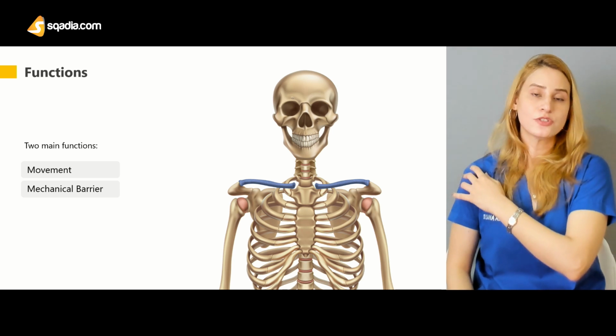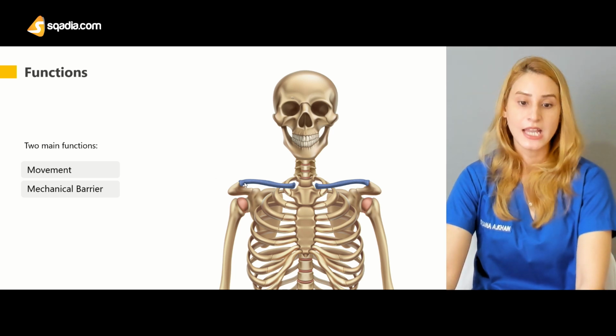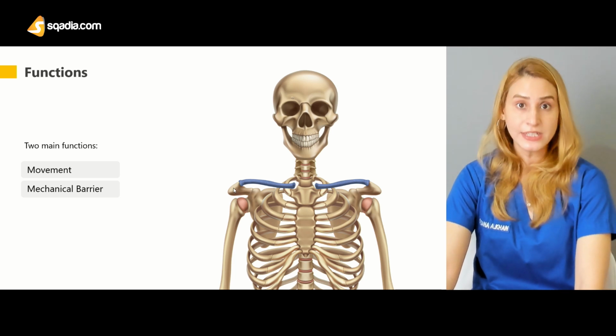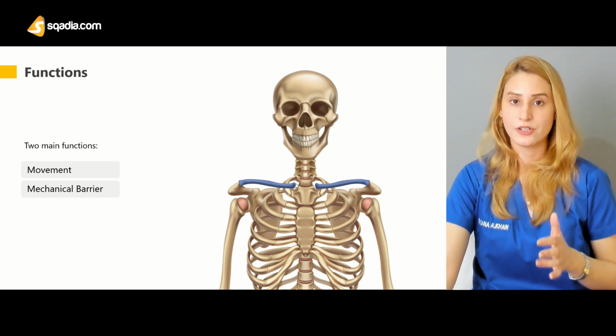The acromioclavicular joint is the one on the lateral side, as you can see on the diagram. This is the lateral part of the clavicle. It's the acromion, so it's an acromioclavicular joint. And the other one is the medial one, and it's the sternoclavicular joint.